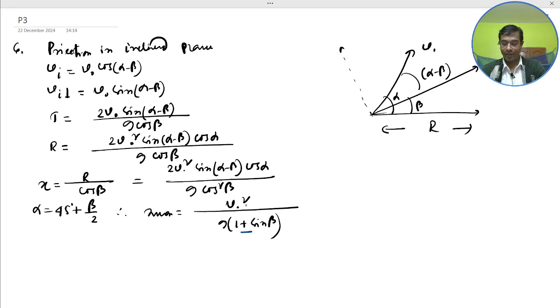All the calculation would be same. This is projection on inclined plane, above and below horizon: minus for the above horizontal, and the other approach is plus for the below horizontal.